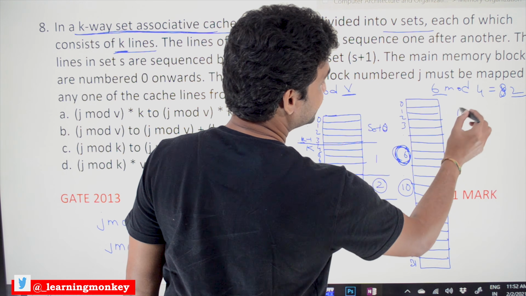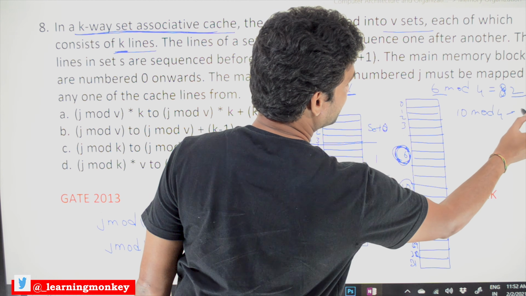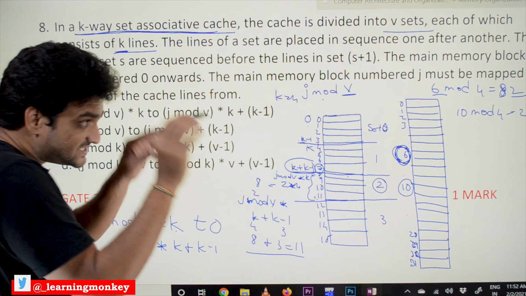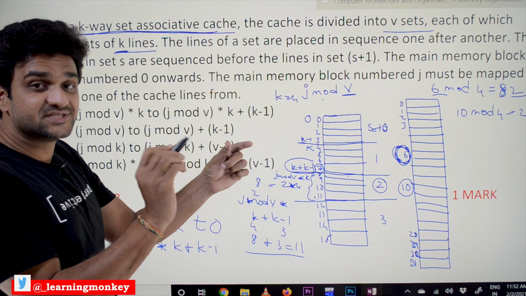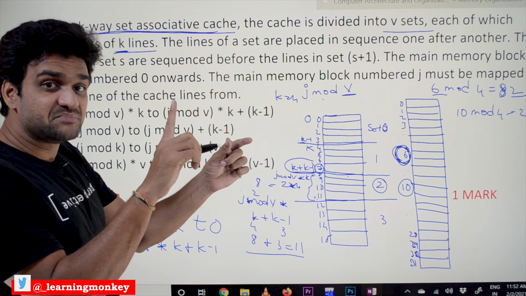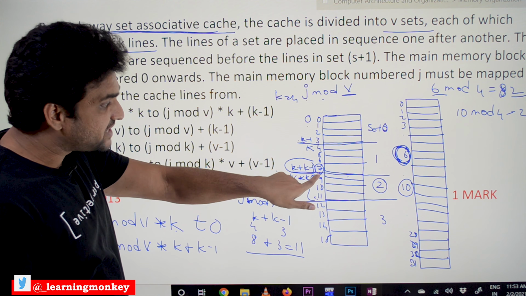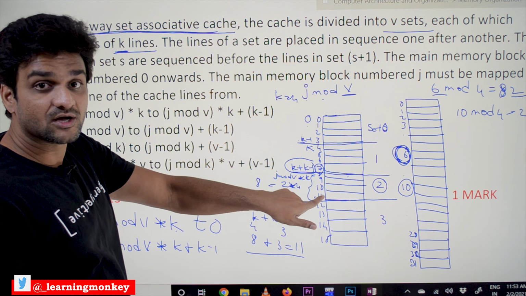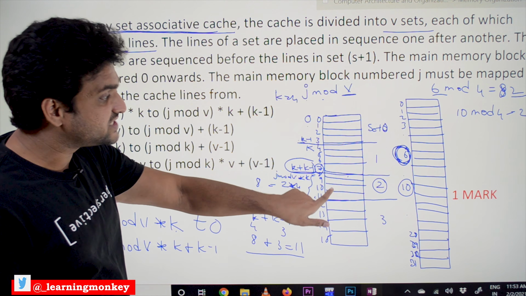How are we going to get it? It is 10 mod 4, which is 2. If it is set 2, then the 10th block can be transferred to lines 8 to 11. So for this also it has the same range.